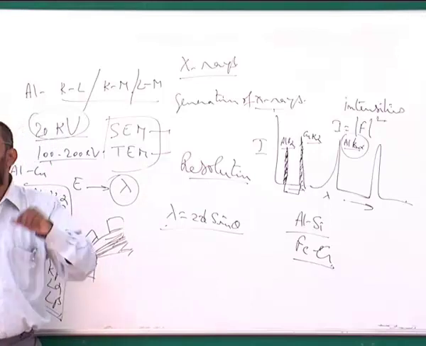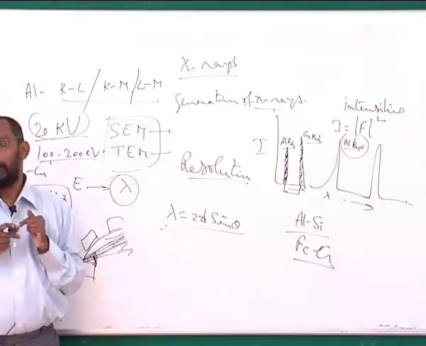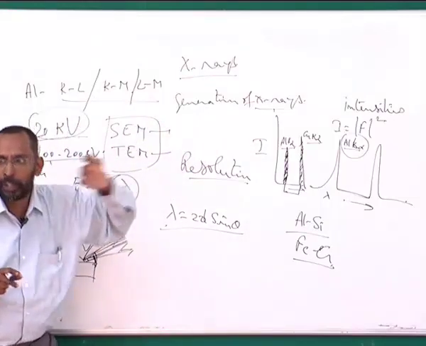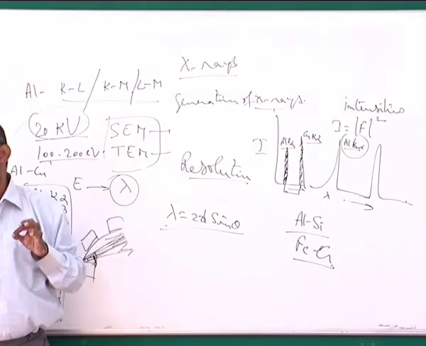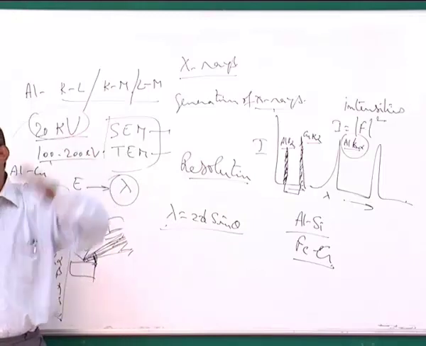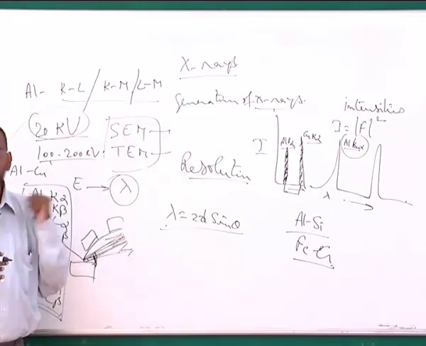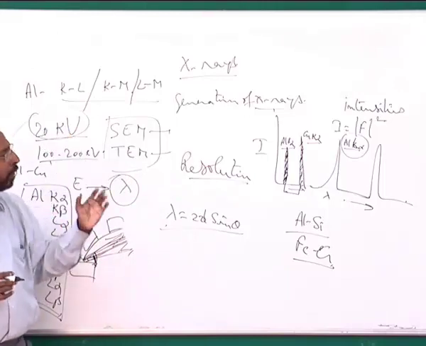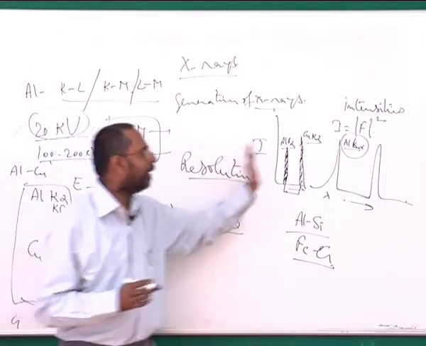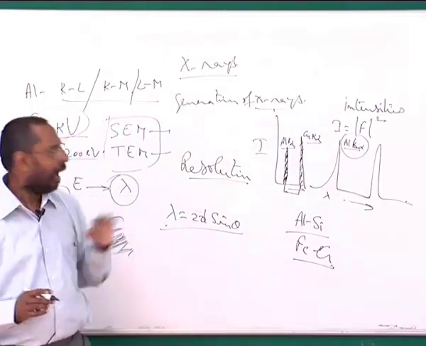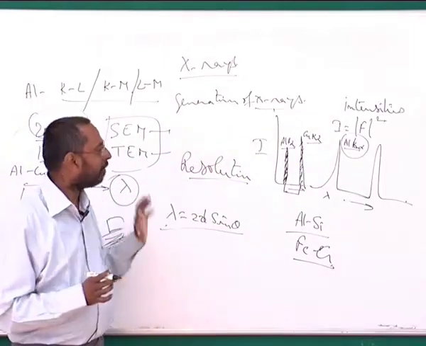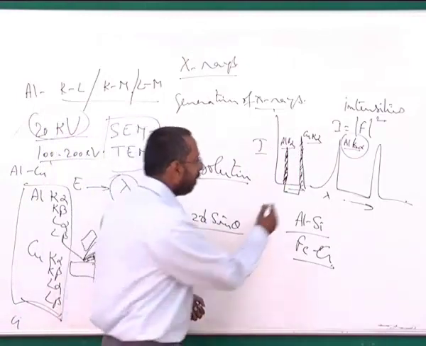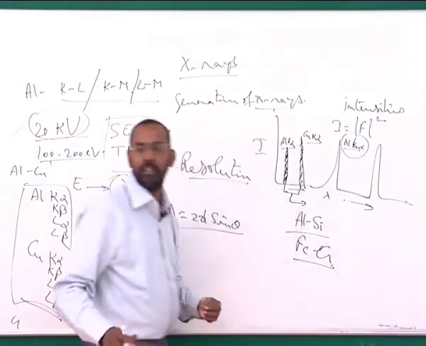So it depends on what step size I use in moving my goniometer, my single crystal. Am I using 0.1 degree or 0.01 degree? Obviously that is going to change the time of total spectrum collection. But if I can use a smaller step size, I am able to clearly differentiate between different things, and I am able to collect the X-rays separately and separate them out, and as a result the resolution is going to be much higher.